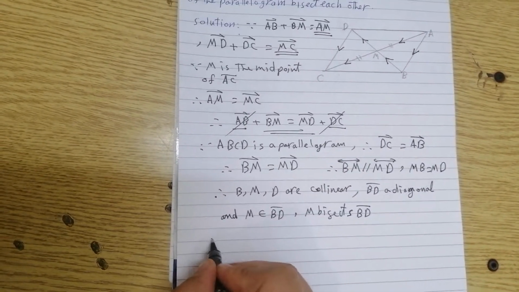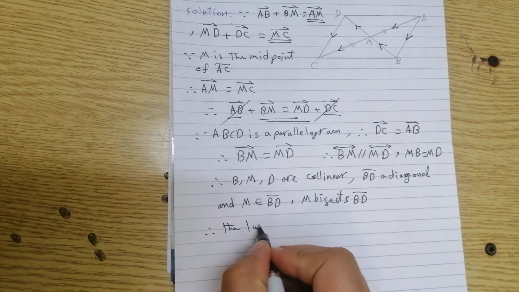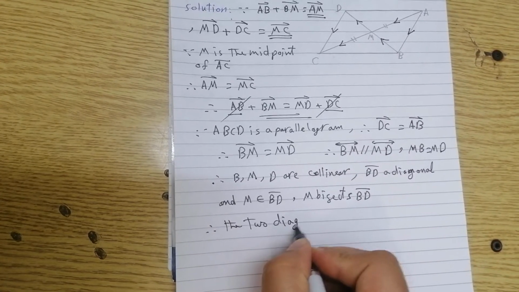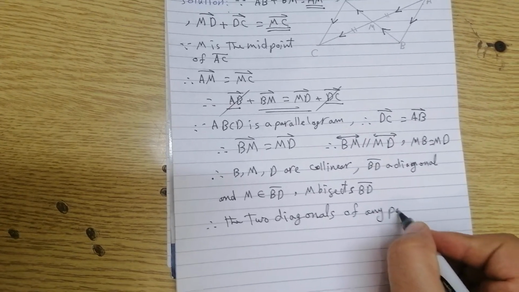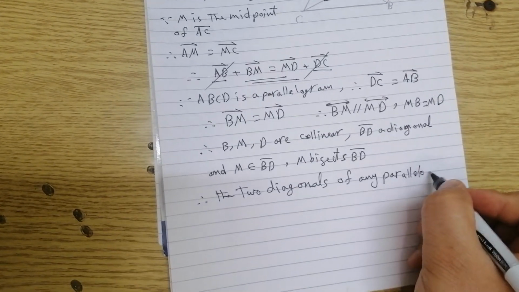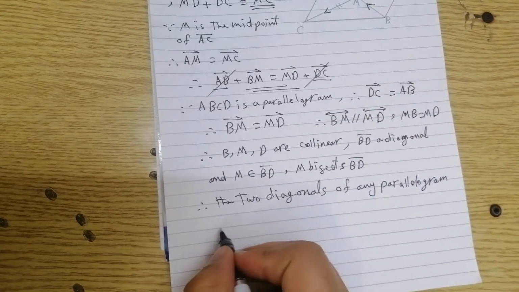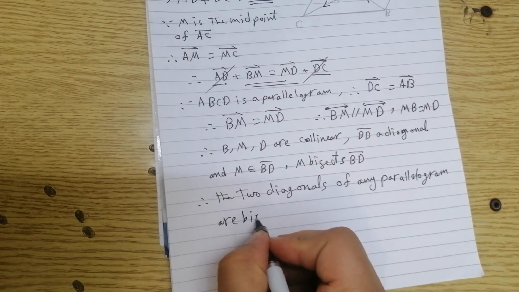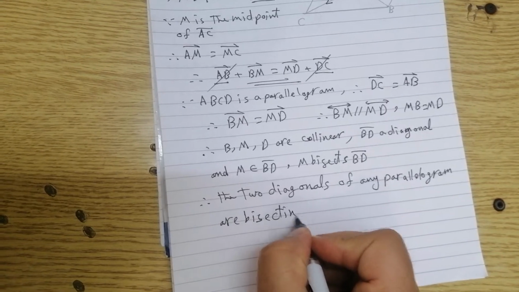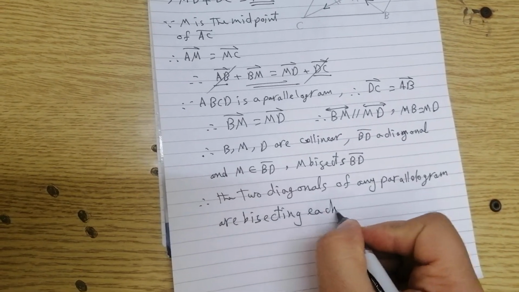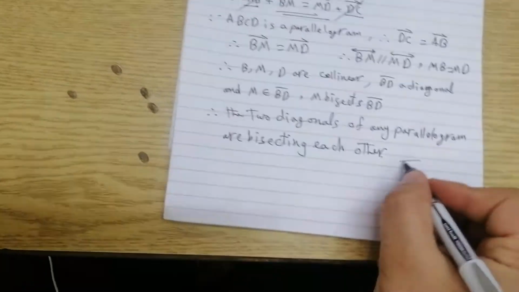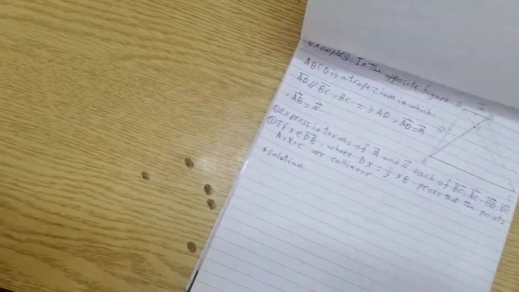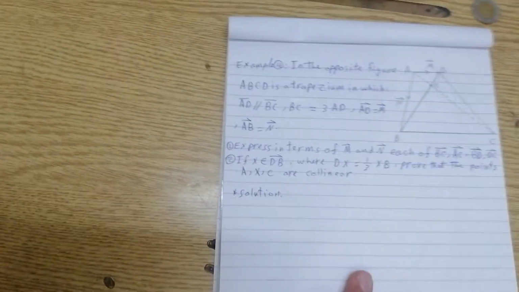This means that the two diagonals of any parallelogram are bisecting each other. And we have here finished the requirement. That's a proof by vectors of one of the properties of a parallelogram.